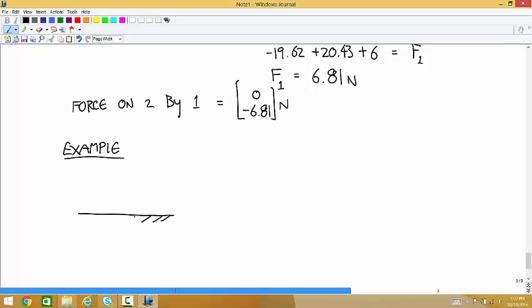Okay, so let's say we have 2 carts connected by a cable. So 1 kilogram connected to a 3 kilogram. And there's a force applied to the 3 kilogram of 20 newtons.